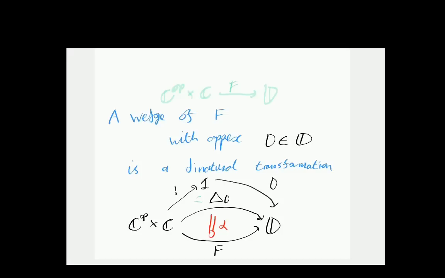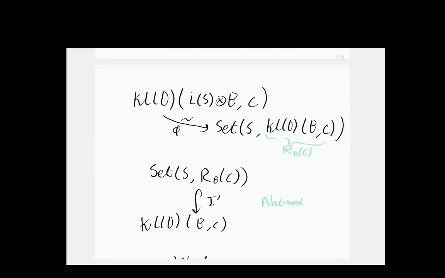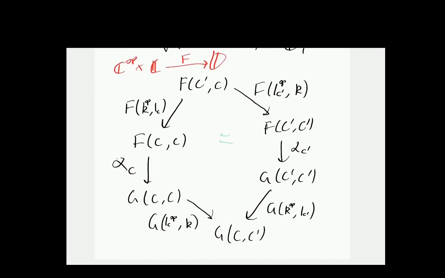Well, we've already seen the definition of a dinatural transformation, but actually everything gets a lot simpler in this case. Let's have a look at our definition of a dinatural transformation again. Now, what we're doing is we're setting f to be delta d.